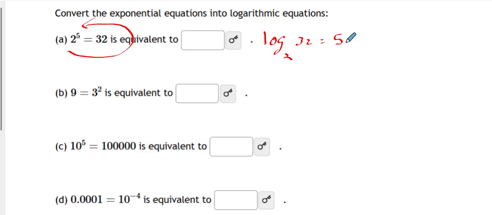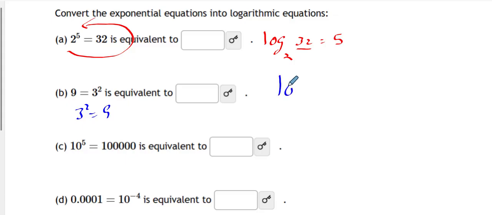So the way it's written in a log, it's saying log base 2 of 32 is equal to 5. So basically, when the base is 2, what does it need to be raised to get to 32? That's the answer for the log. So it's the exponent of the exponential, which is your answer for the log. If that made sense, you'll be good. If it doesn't, then we will revisit that later.